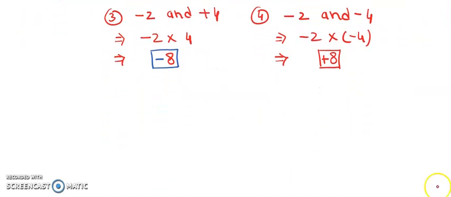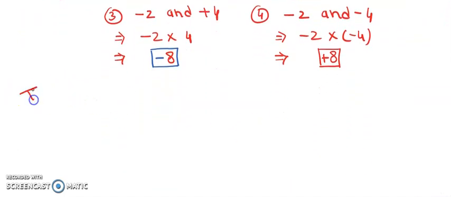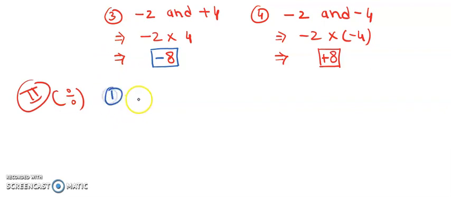Now let us move towards the second heading, that is, division. In division, let us talk about rule number 1 first. Let me take a very easy number, so at least you should not face any problem. Let me take the first integer as positive 10 and the second integer as positive 2.